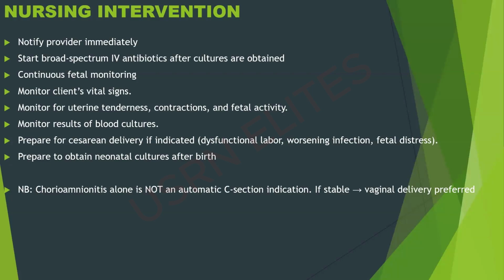If the woman is stable and there's no fetal compromise, you can safely deliver the mother per vagina. So if you get chorioamnionitis and CS is listed as an option, please, it's not indicated, unless there's fetal compromise.